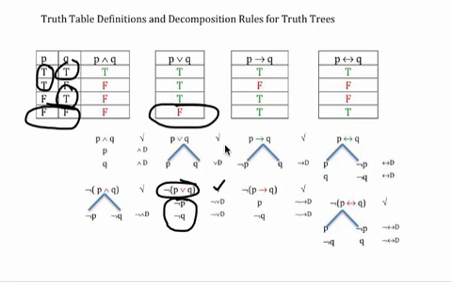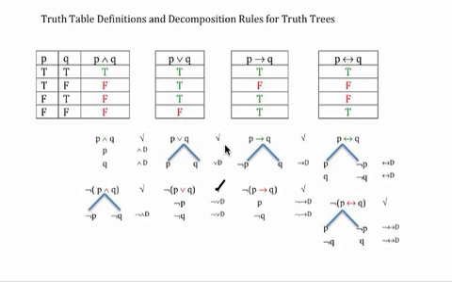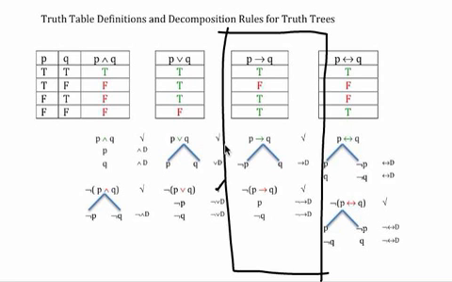Right? So with the disjunction, there is only 1 way for it to be false. And so negated disjunction stacks. There are 3 lines of the truth table where the disjunction is true, so the disjunction decomposition is going to branch. Now, when we move over here to the conditional, we have a similar case to disjunction.